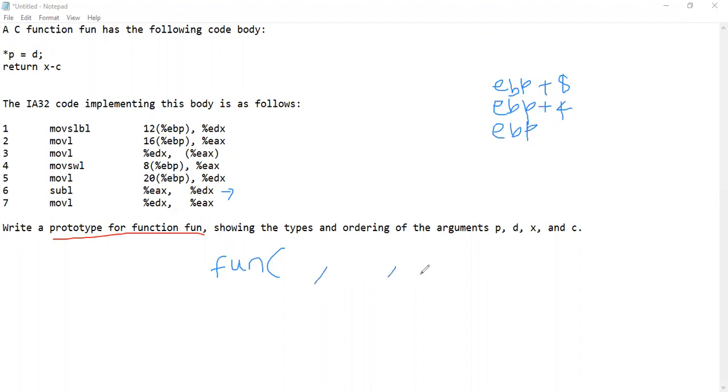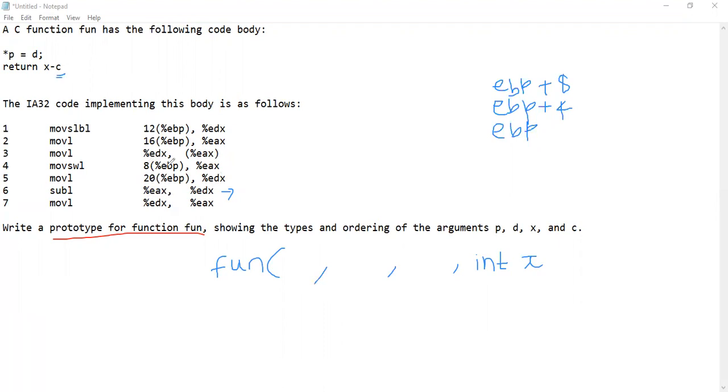We don't know what type of arguments there are, but we can conclude the fourth argument must be an integer, because we see a movl. L stands for long type, so it's integer type, and the EDX must be x. So we solved that problem. And we are subtracting with EAX. EAX is c. Where is EAX from?